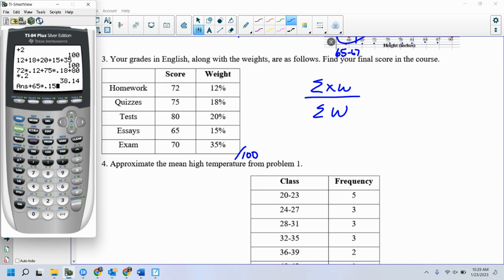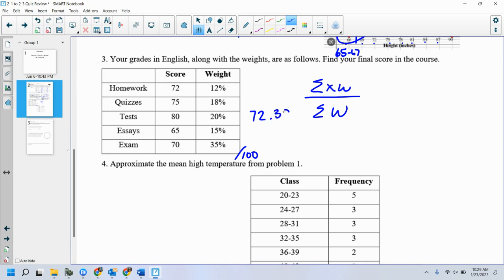Man, we sucked at essays, didn't we? Plus 70 times 0.35. Good thing we didn't do so hot on the exam either. 72.39. Make sense? That's a weighted mean.